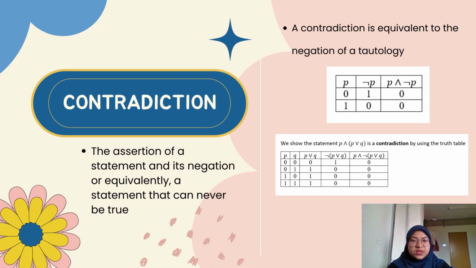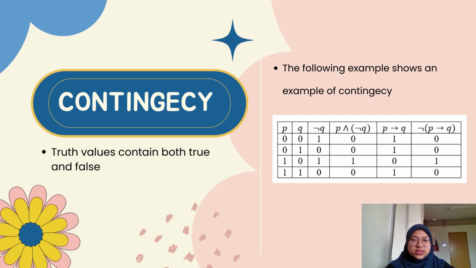We show the statement P and not (P or Q) is a contradiction by using the truth table: P: 0011, Q: 0101, P or Q: 0111, not (P or Q): 1000, P and not (P or Q): 0000.